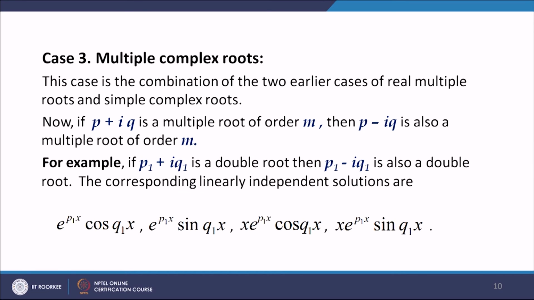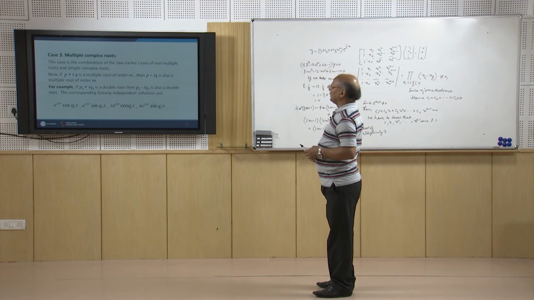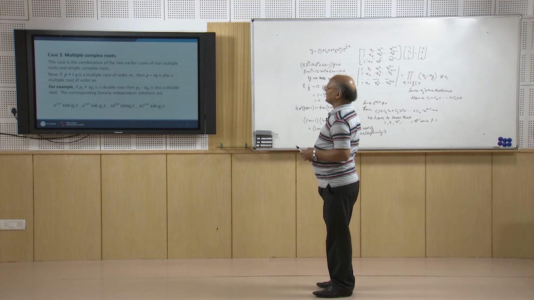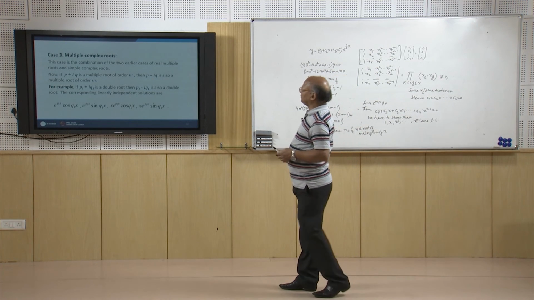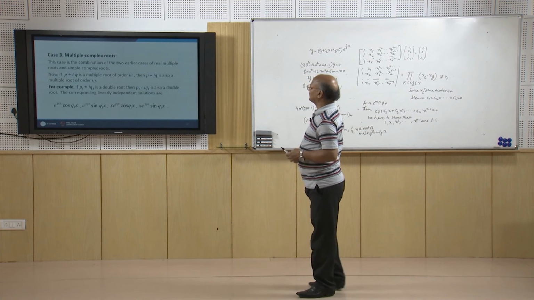Now p1 plus iq1 is a double root and p1 minus iq1 is a double root.